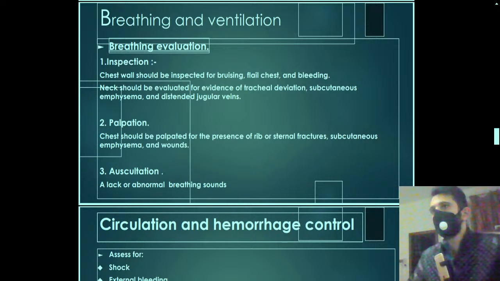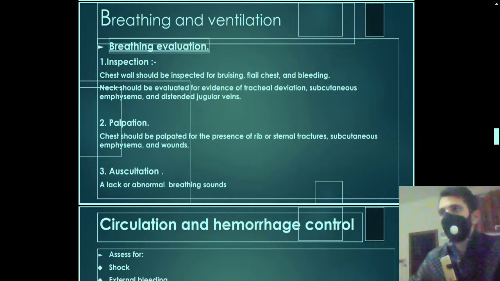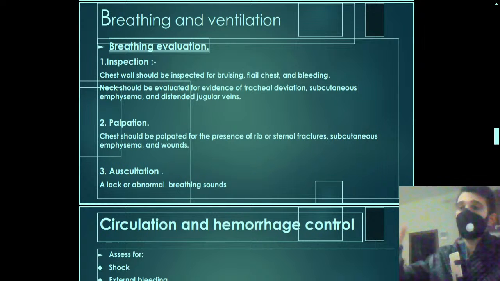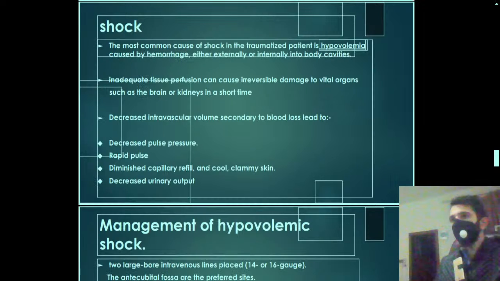Also palpation: the chest should be palpated frequently, and the ribs should be examined and maintained. Inspect for any wounds, and on auscultation, check for abnormal breathing sounds, such as hearing the heart sounds, etc.